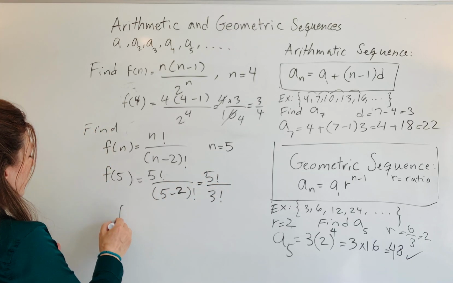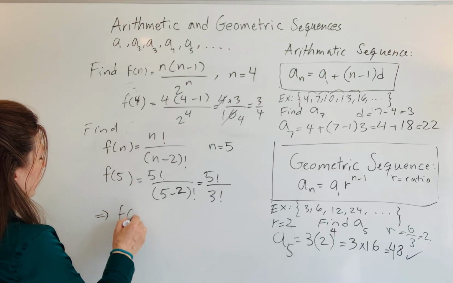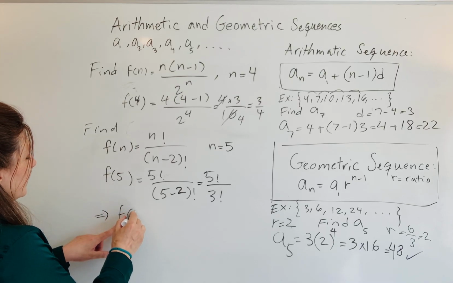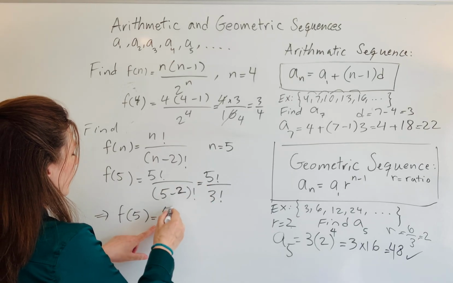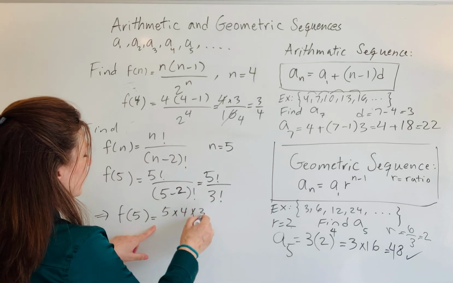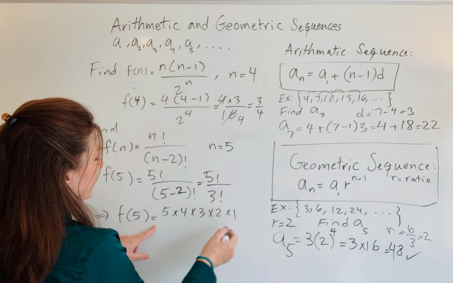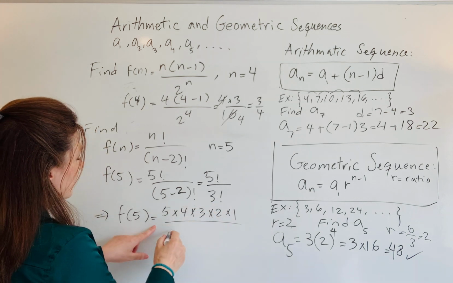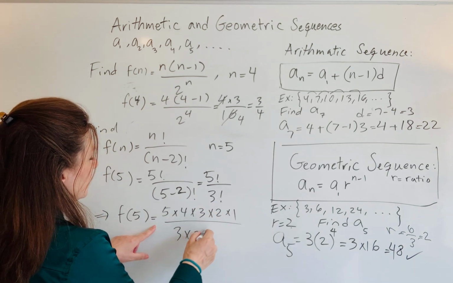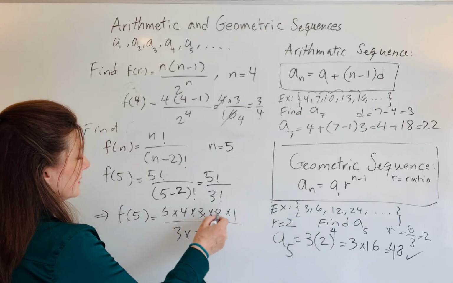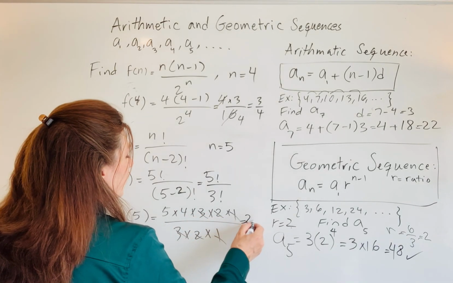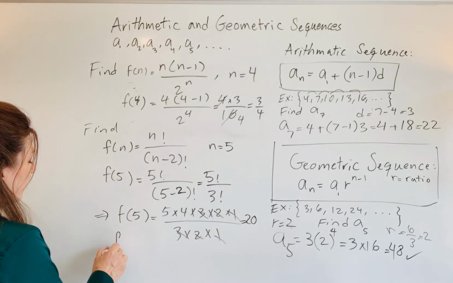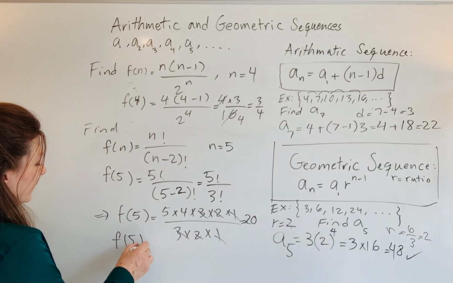We continue here. 5 factorial is 5 times 4 times 3 times 2 times 1. 3 factorial is 3 times 2 times 1. Simplify this, and this is 20. So f of 5 here gets 20.